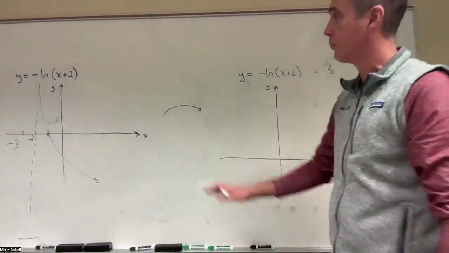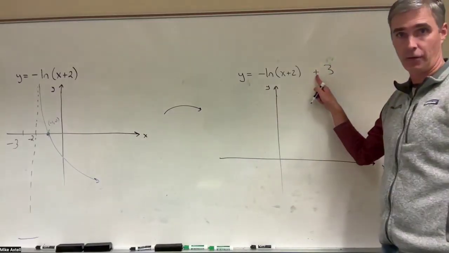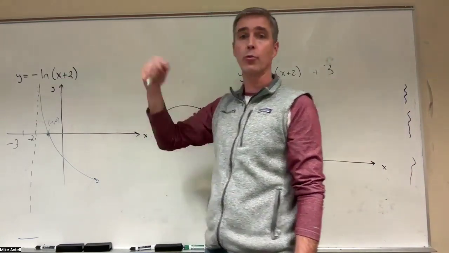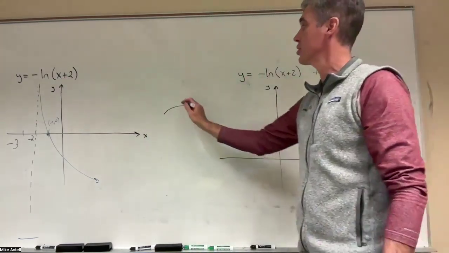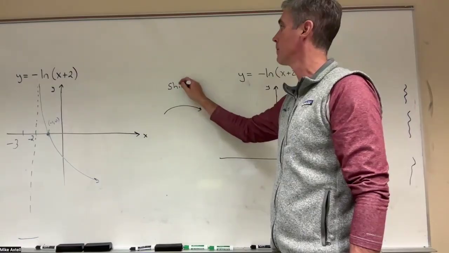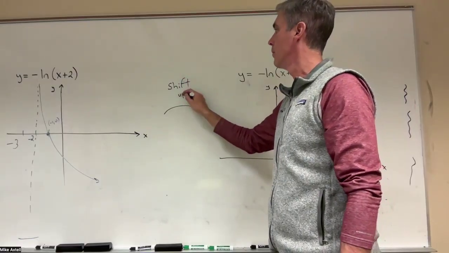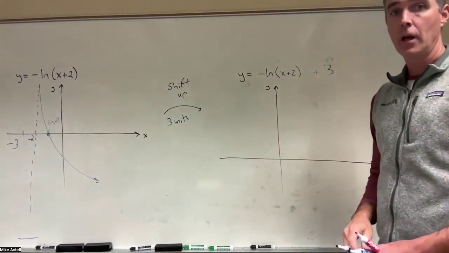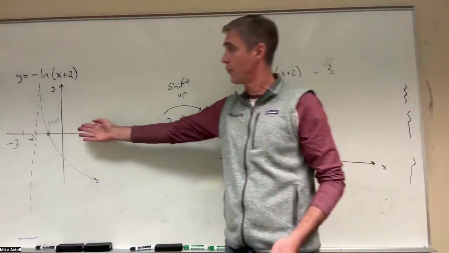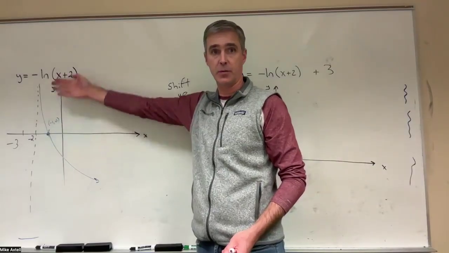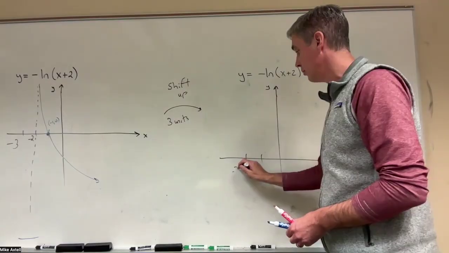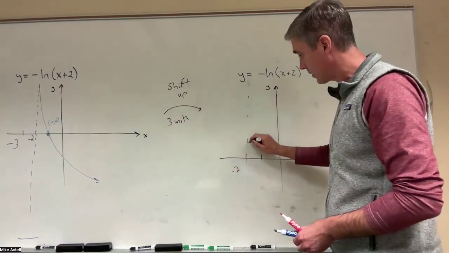I've got to go from my previous step to adding 3. So adding 3 takes my previous y value and adds 3 to every y value. So this is going to shift up 3 units. Okay. Now shifting up doesn't transform the vertical asymptote. So at x equals -2, I still have a vertical asymptote.